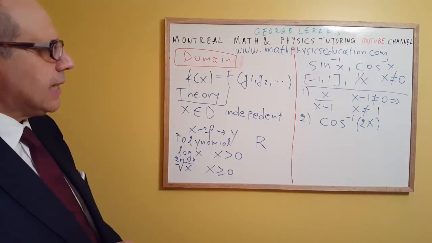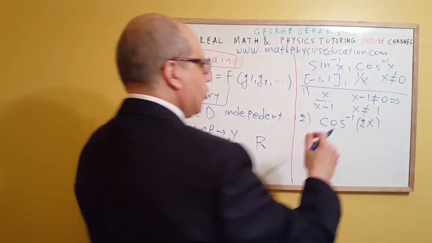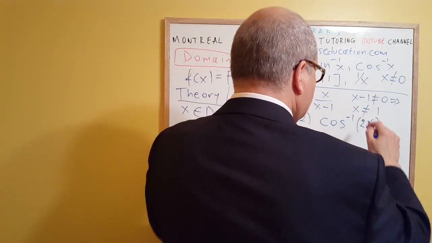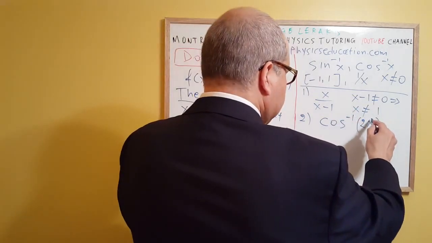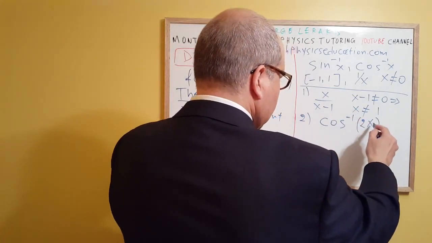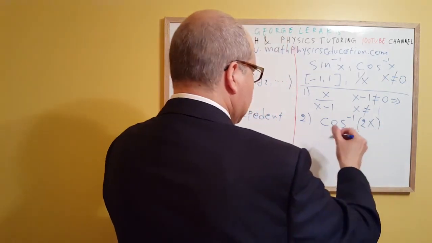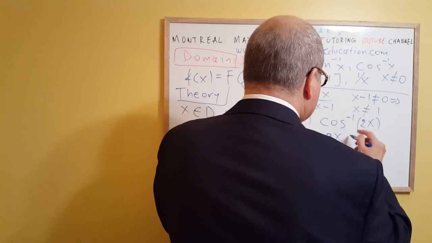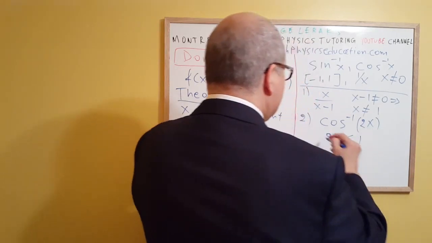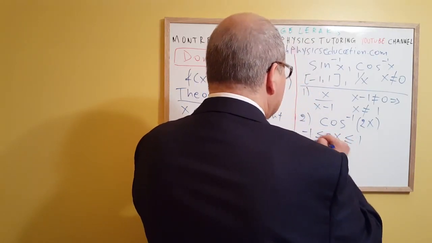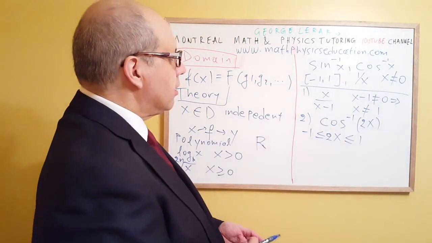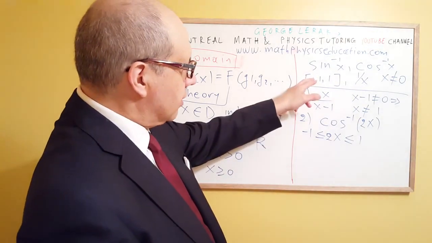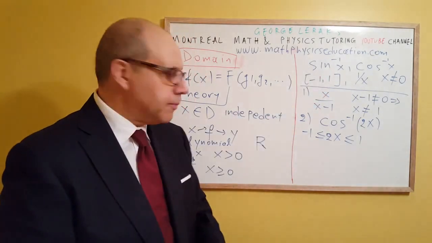That means that the domain of your function is the numbers x that make this function here, let's call this g1, be between 1 and -1, because that's the domain of the inverse cos function. The 2x has to be between -1 and 1.